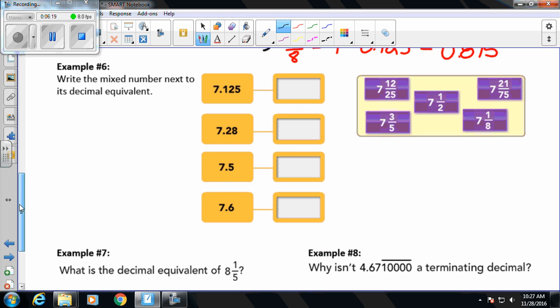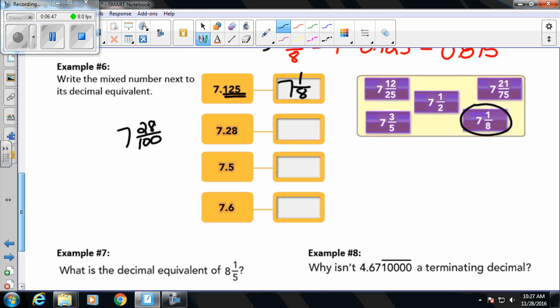Okay, we want to write the mixed number next to the decimal equivalent. So 7 and 0.125, well, we just saw that up above, that's 1/8. Do I have 7 and 1/8 as a choice? We do, 7 and 1/8. 7.28, all right, we've got to do some converting. This is 7 and 28/100ths.